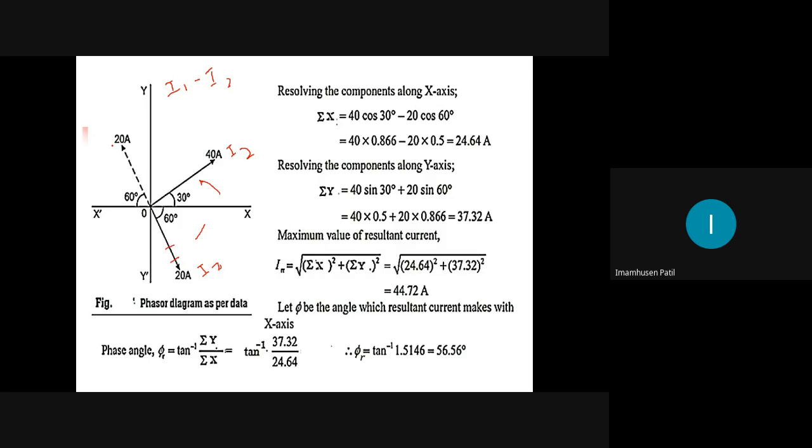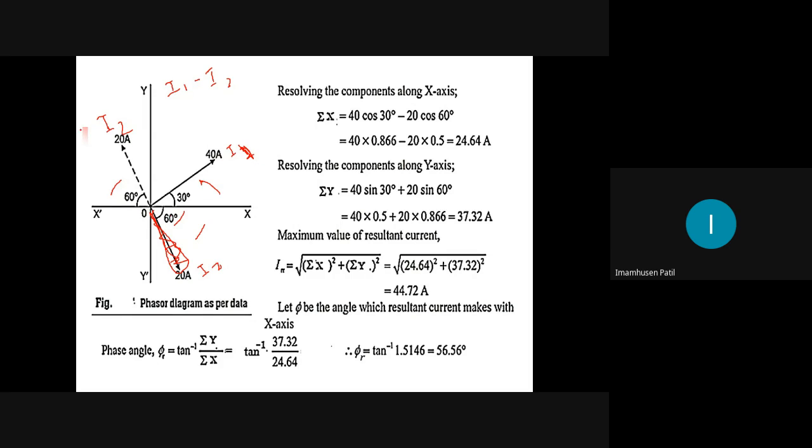This I2 you have to project by 180 degrees. This angle makes 60 degrees. Now you have to cancel this one and not consider it. Now this is minus I2, and this is I1.